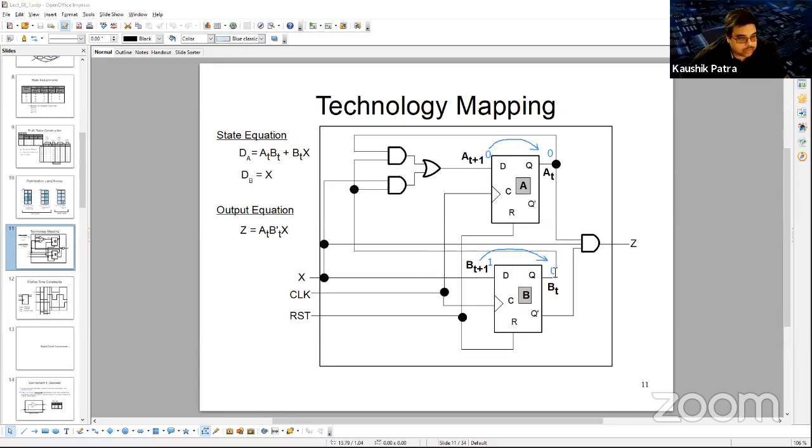So now your value would be, or let me just erase this. Okay, and that becomes 1, and this will remain 0. And let's say that combining with the next X, it gives me A(t+1) as 1 and B(t+1) as 0, for example.